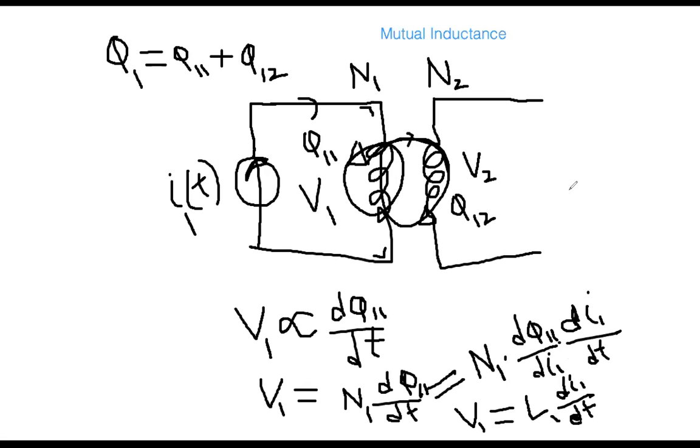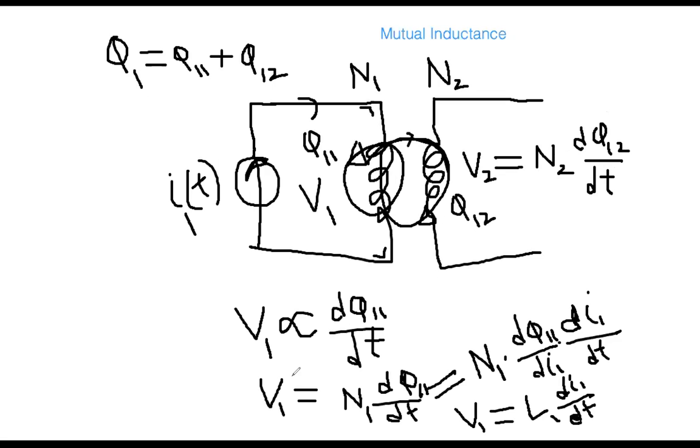You understand. How about the right side? How can I write the equation for V2? So V2 will be N2 times d phi 1,2 by dt.